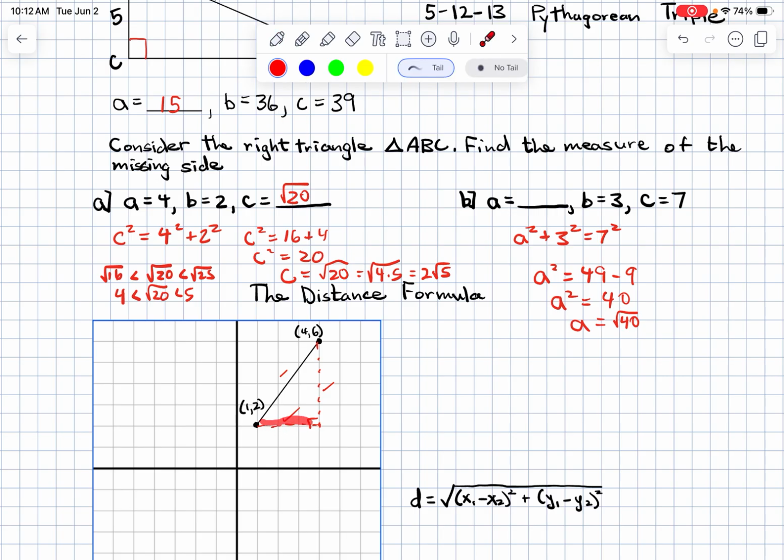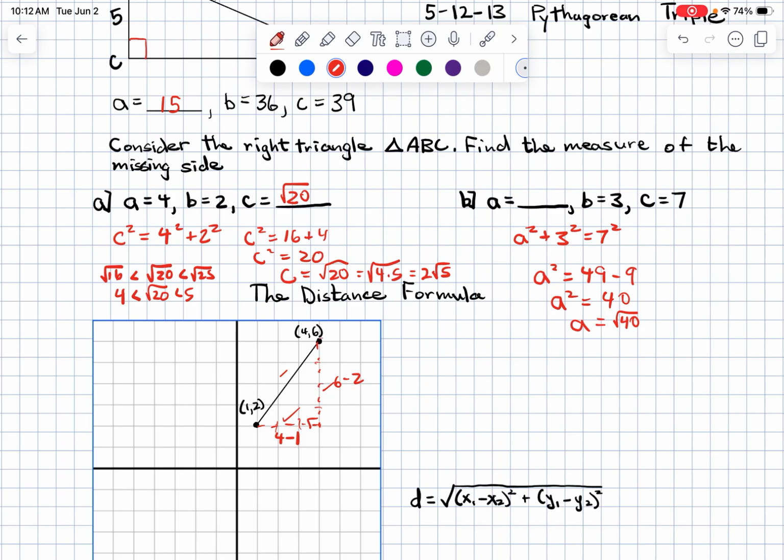So if I want to figure out, well, what is this side here? What I would do is I would subtract the x's. So this is 4 minus 1. And what about the height here? Well, this is 6 minus 2. See, I took the difference of the x's. And sure enough, this is 1, 2, 3. And the difference of the y's, 1, 2, 3, 4.